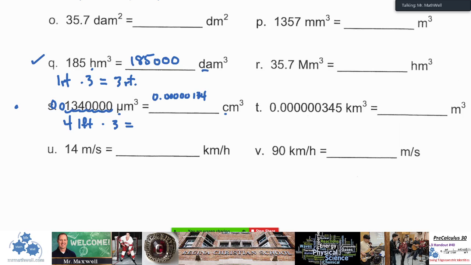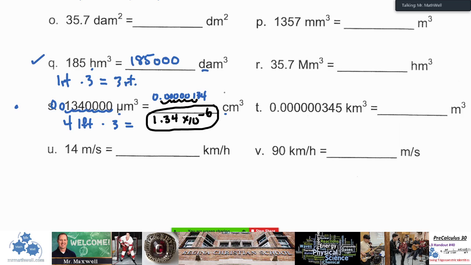Notice that these aren't sig figs, so we won't have to include them. But you could also write this in scientific notation as 1.34 times 10 to the power of negative 6.